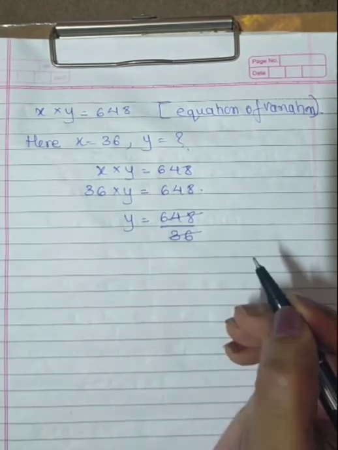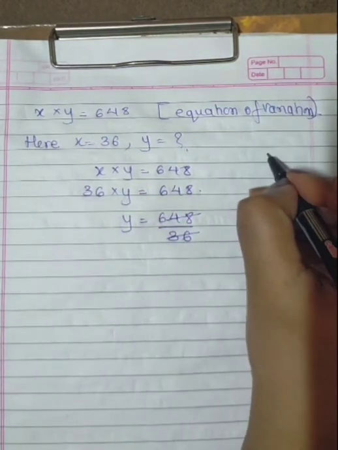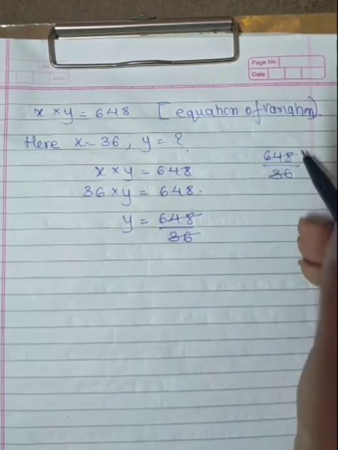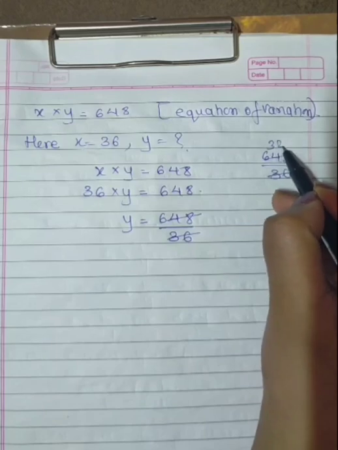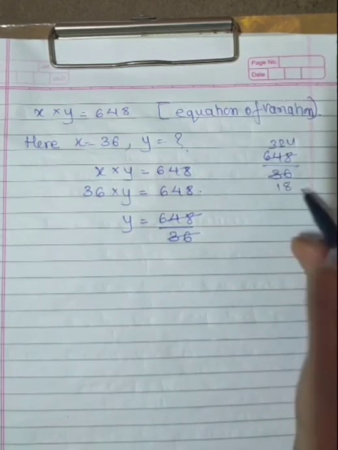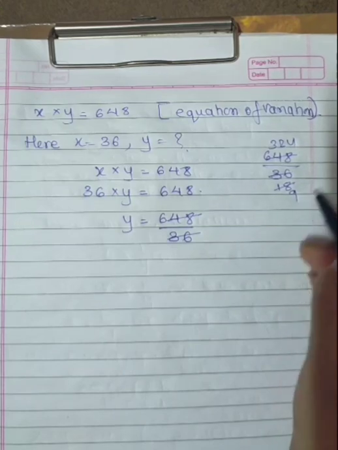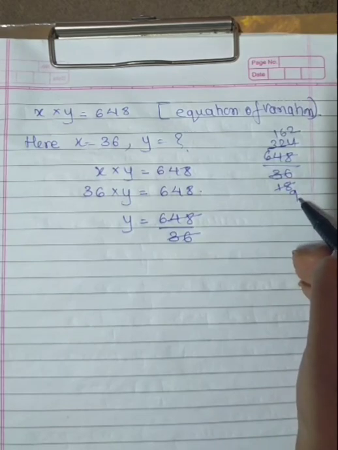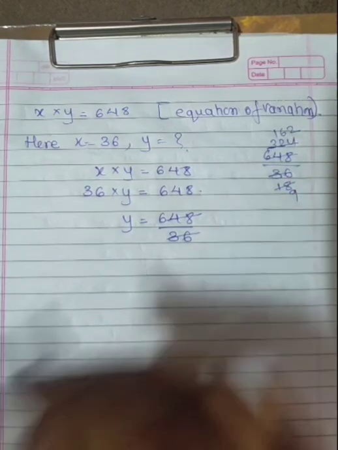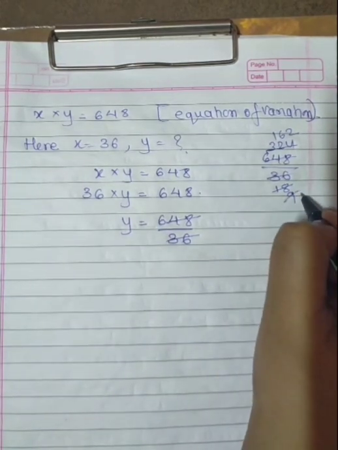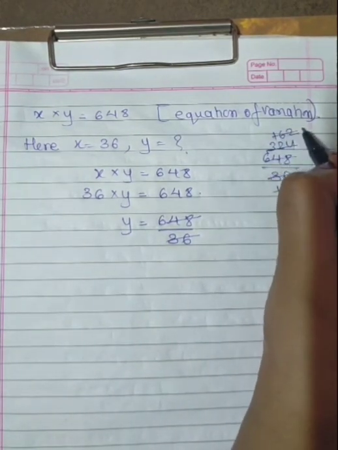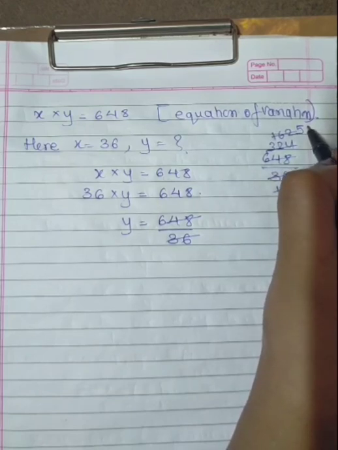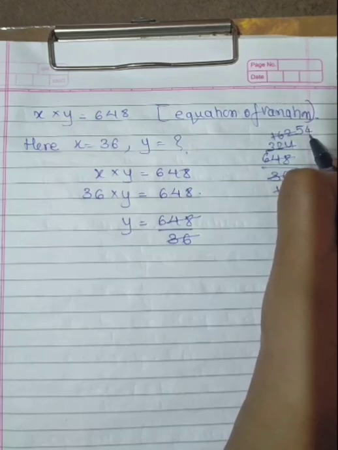So I'm solving this here, 648 upon 36. Both will be divisible by 2. So 2 3s are 6, 2 2s are 4, 2 1s are 2, 2 8s are 16, and so on, again 9 and 162, again it will divide by 3, 3 3s are 9, 3 5s are 15, 3 4s are 12.